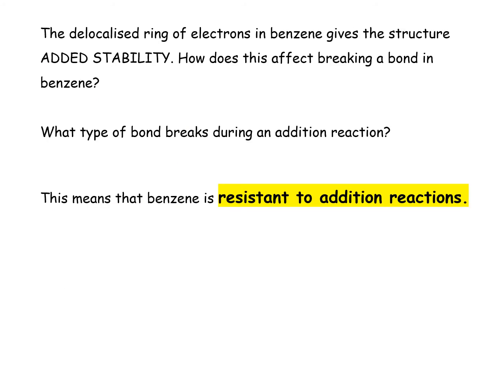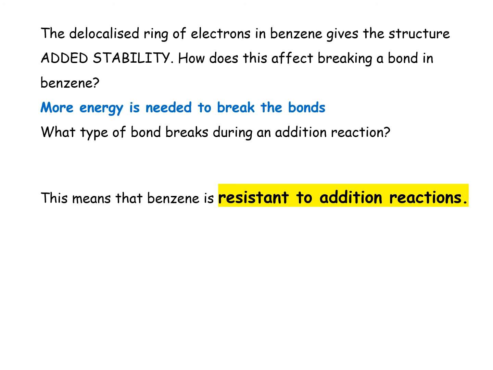Now, because of the delocalized ring, benzene has an added stability, and we saw this when we looked at breaking the bonds in the hydrogenation enthalpy measurement. That's the second piece of evidence that we looked at. When we tried to break the bonds in benzene, extra energy was used to break those bonds.